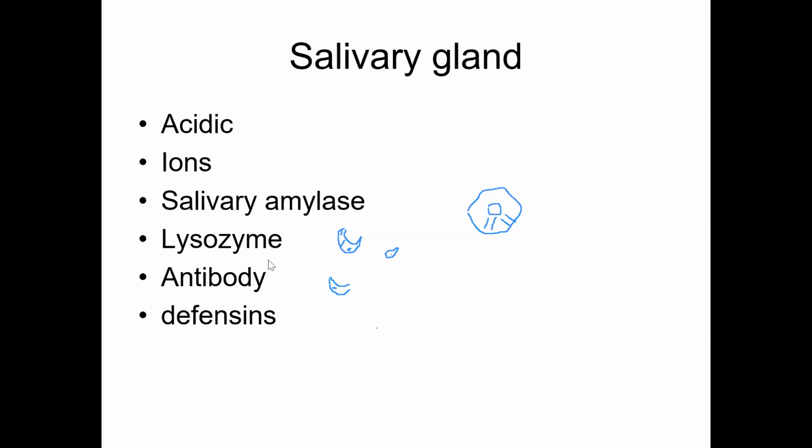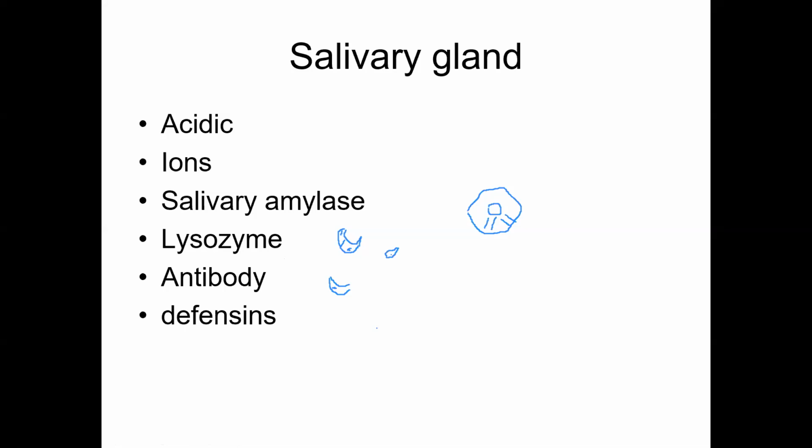And also there are a little bit of lysosomal enzymes, which take care of minor infections if there are any foreign antigens. And there's a teeny bit of lipase, which is the enzyme for breaking down fat.